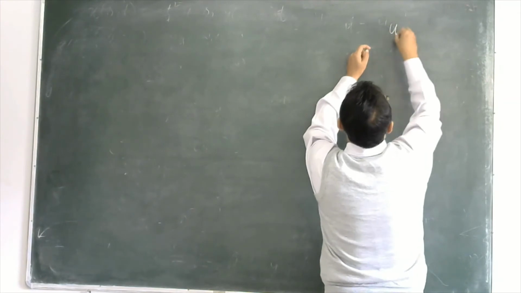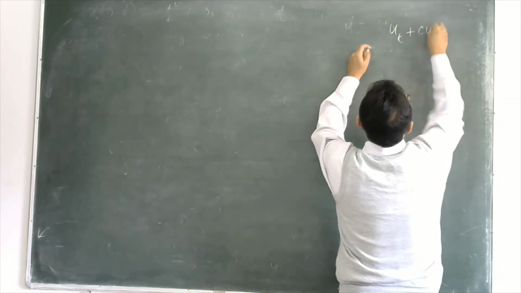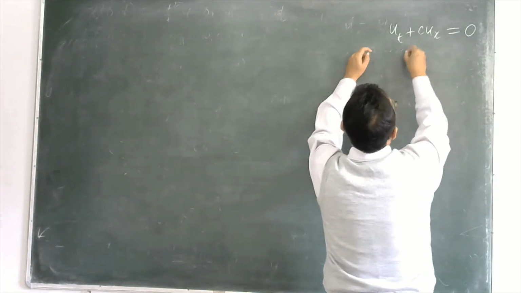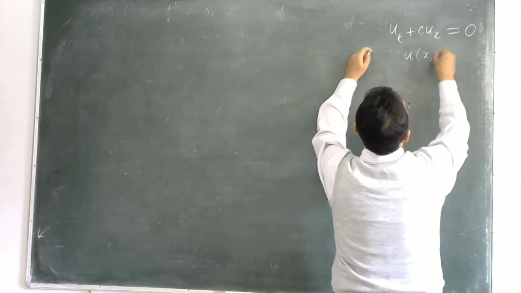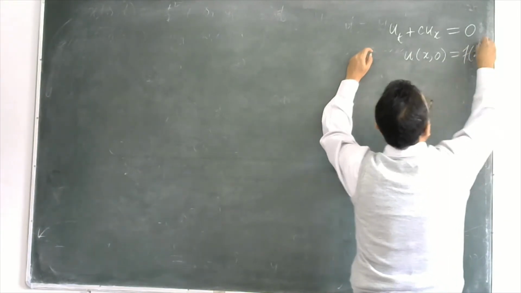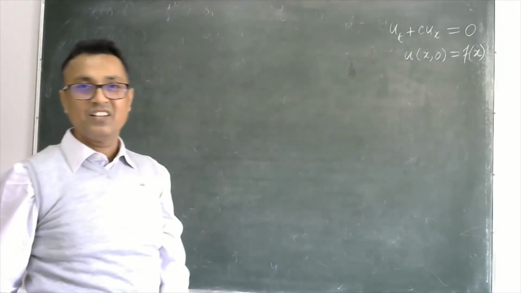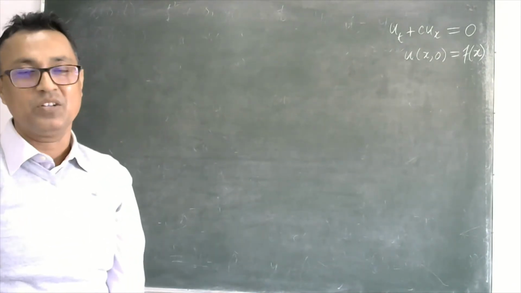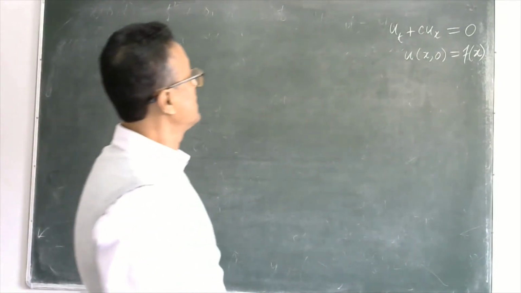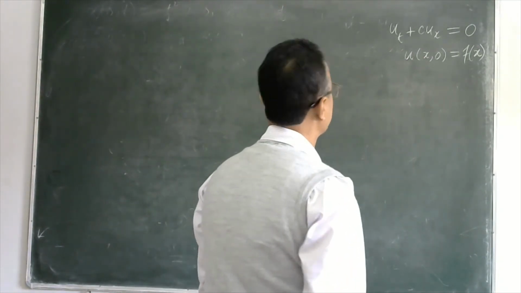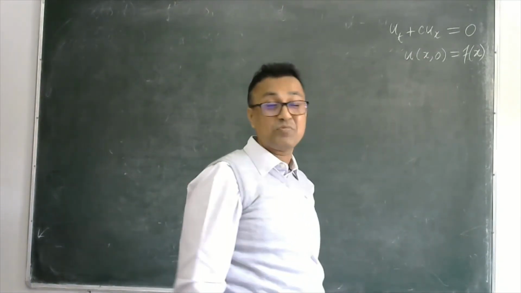Say u_t plus c u_x equal to 0, and your initial condition is given by u(x,0) equal to some function of x. Can you recognize this equation? This is nothing but the 1D convection equation, right? Now let me write it in x, y, and z form so that it is easier for us to parameterize in terms of s and t.